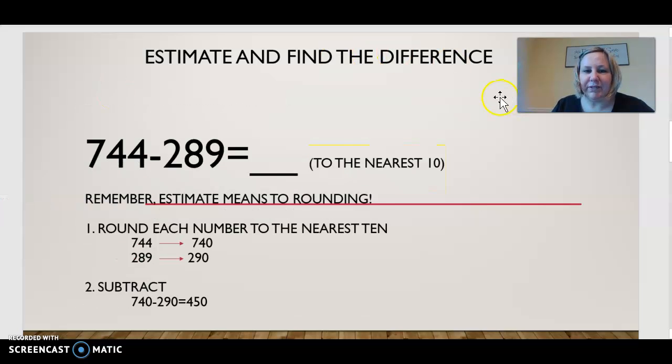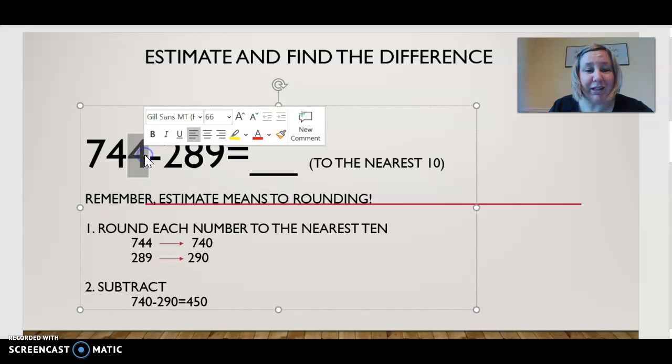Estimate and find the difference. We have 744 minus 289, and we have to round to the nearest 10. Remember, that's why it's important to read these directions carefully. Rounding to what? The nearest 10. So we're going to round each number to the nearest 10 first. 744 rounds to 740, because remember this 4 or less, you let it rest.